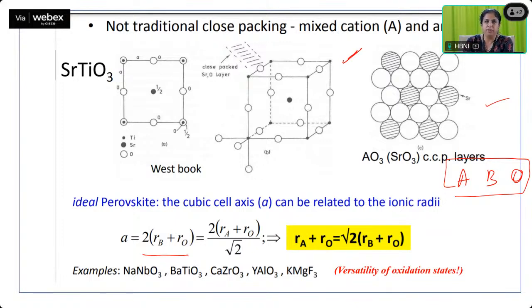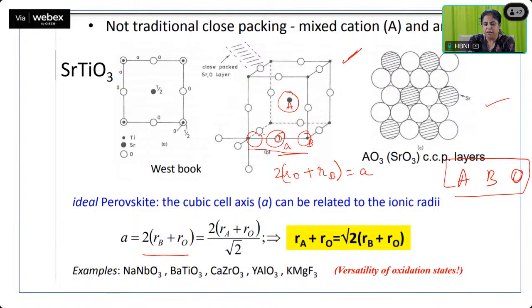I will not take a lot of time. If you try to see, A is the lattice parameter, and this is your oxygen, and this is your B, and this is your A. What is A? Because here I have 2 RO plus RB, that is my A. So what is your A in terms of the radius of A cation?